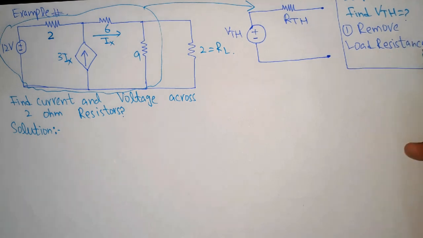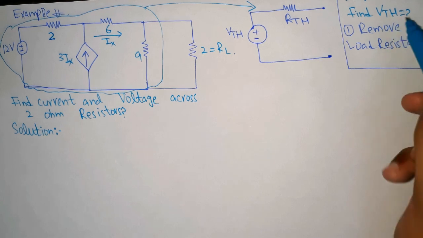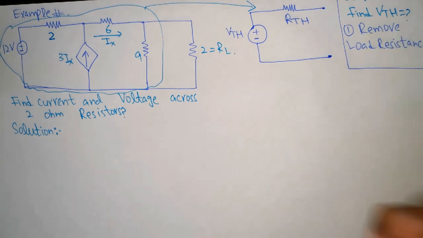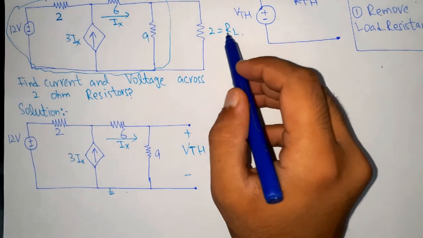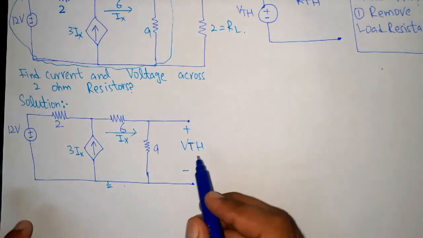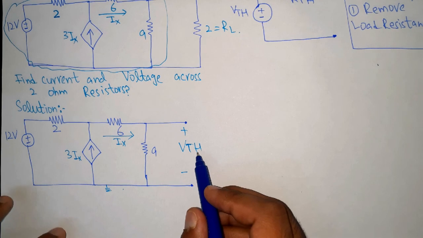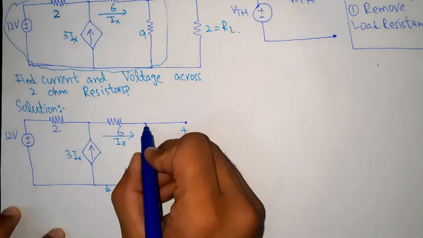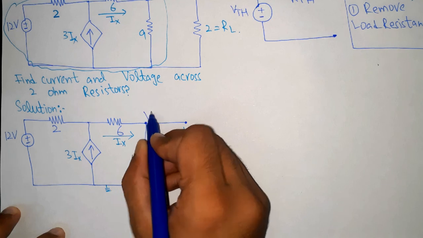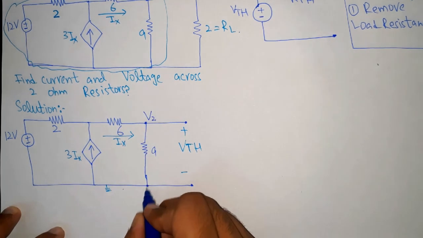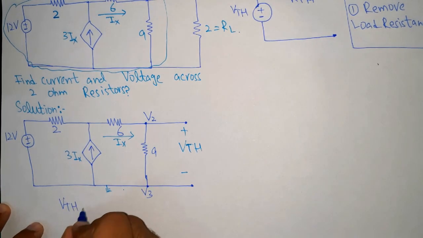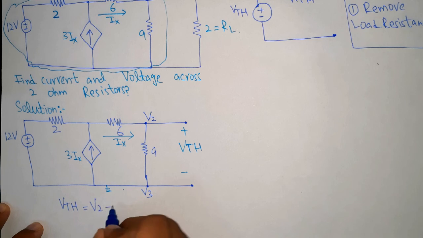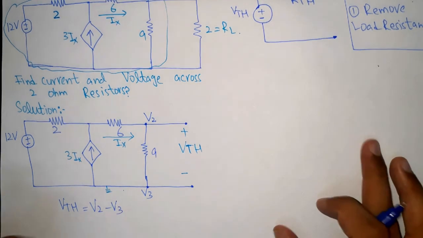We need to remove the load resistance. So students, I will apply this step to my original circuit and update my circuit. Now I will remove the load resistance. Here I need to find Thevenin's voltage. Thevenin's voltage will be equal to, I will name this node V2 and this one V3, V2 minus V3.